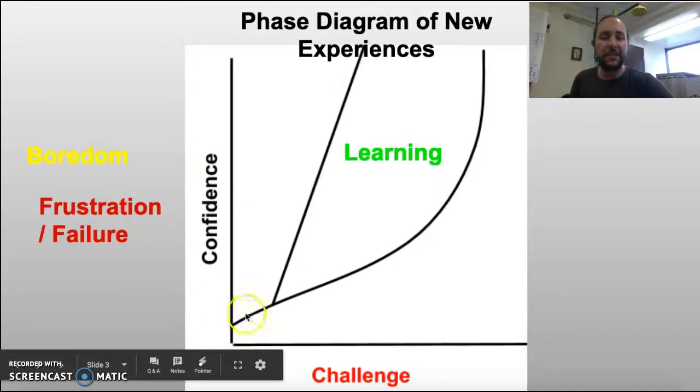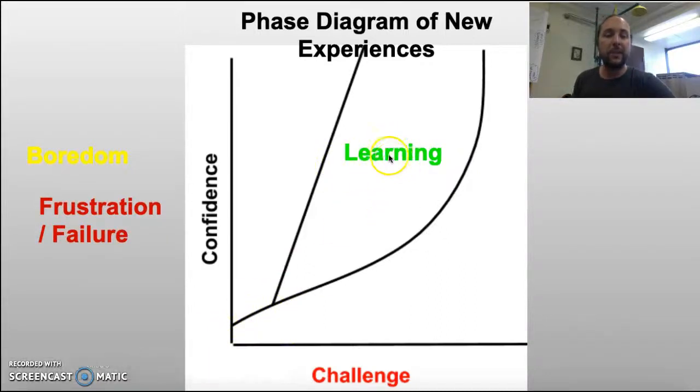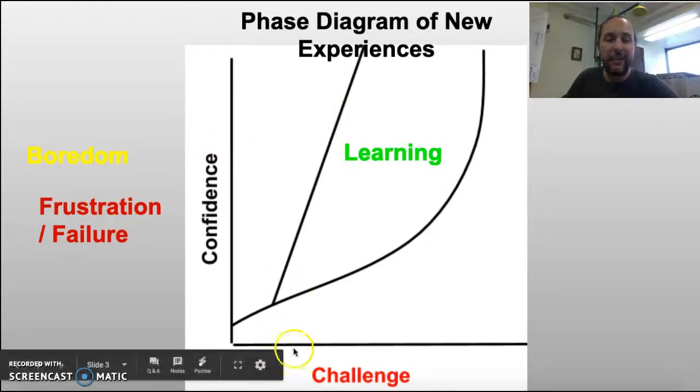And so you'll see on this phase diagram that when somebody's confidence is very low, even if the challenge is low, they may not be successful, and so on. So learning is our first idea, right? Learning occurs here, when confidence is moderate to high and the challenge is also moderate to high.